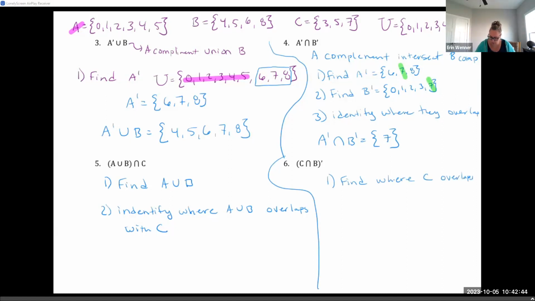And then step 2, identify the complement of that set. I'm going to let you do 5 and 6 on your own. We'll talk about them next week because I know we're right at time.